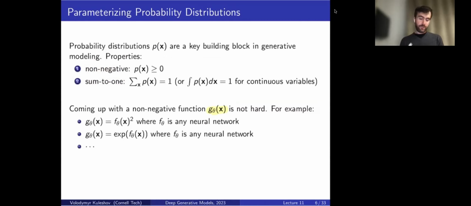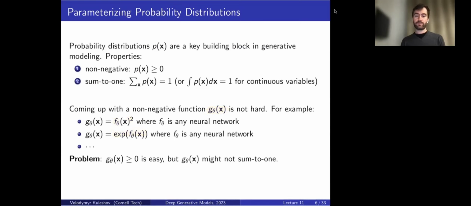So for example, if I just take any neural net and I square it, that will, by definition, always be non-negative. Or if I take the exp of any function f of x that's parameterized by a neural net, that will always give me a non-negative number. So this is actually quite easy.